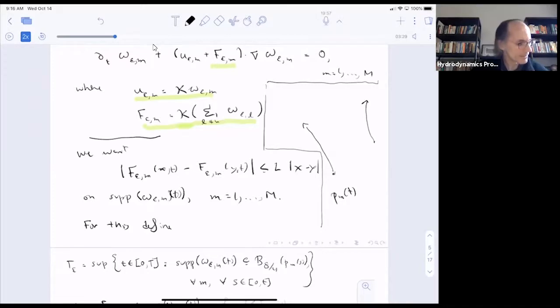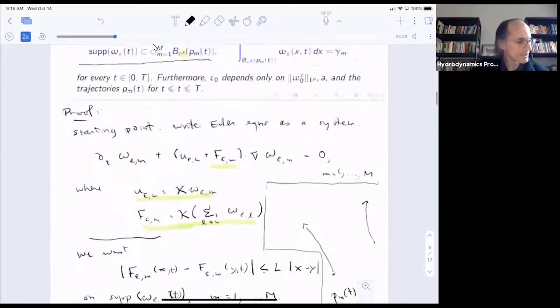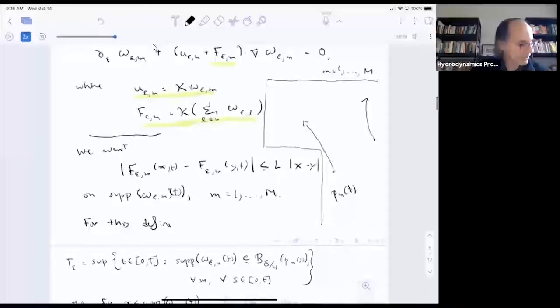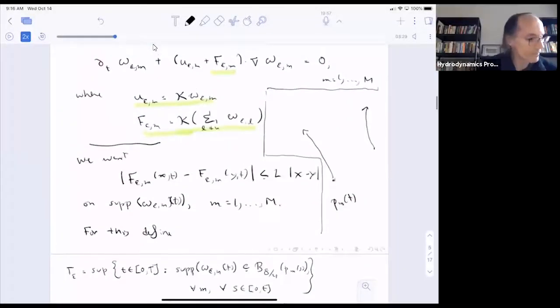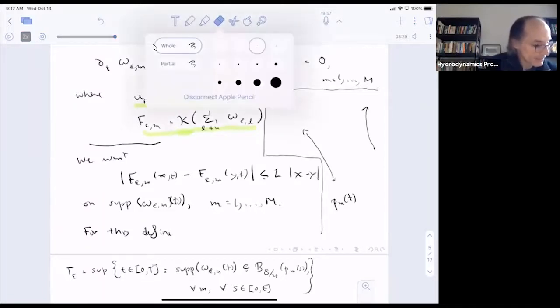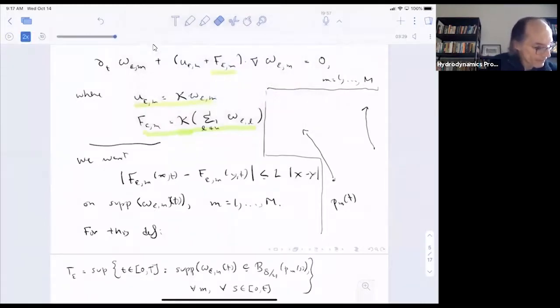Okay, I forgot to write something important. Remember, capital T star is the time of first collision.